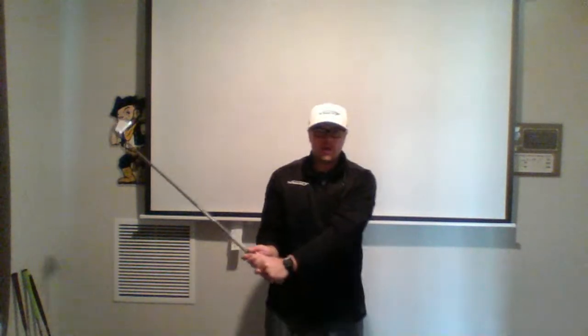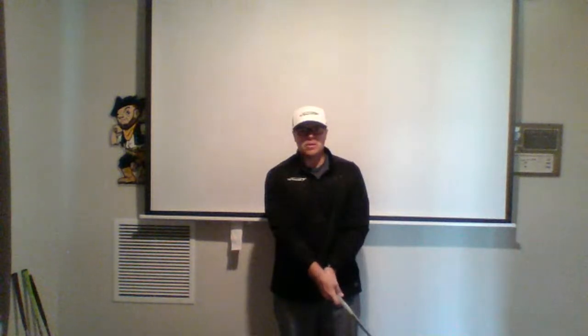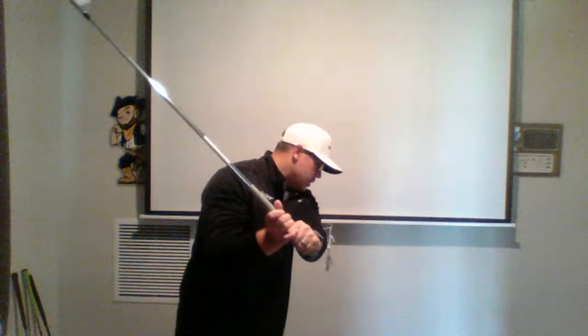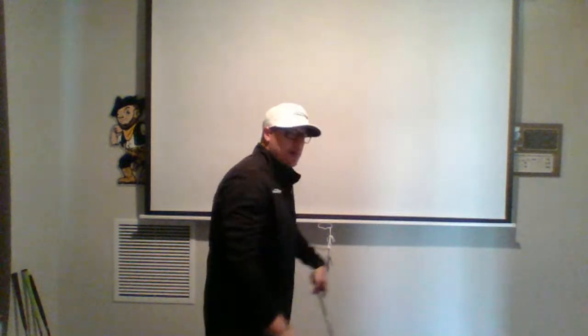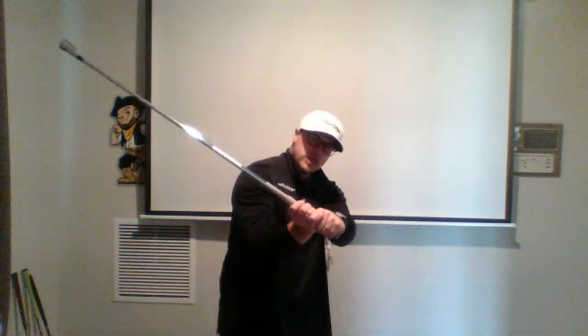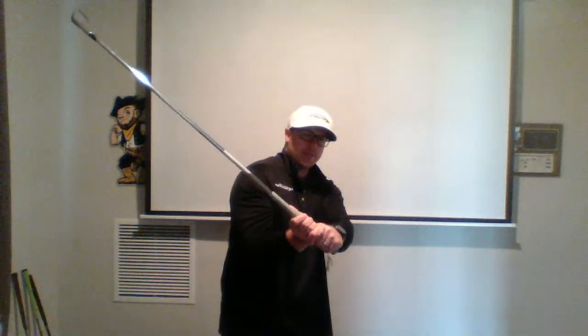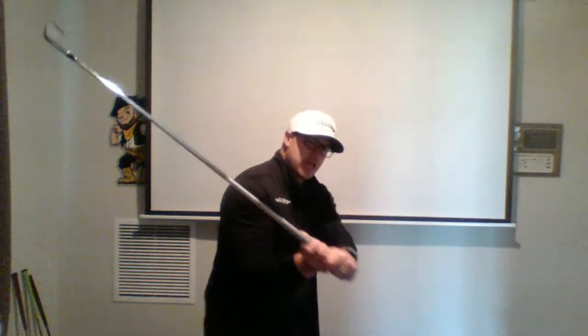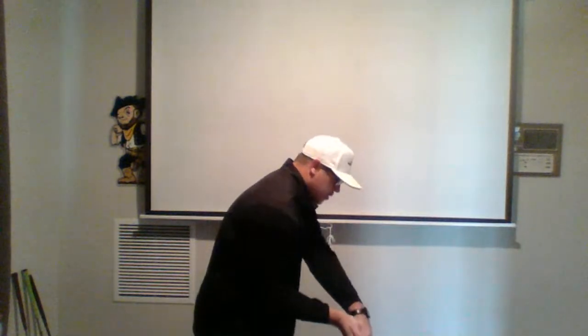When I stand up, I have to flip the club to get to the golf ball, otherwise I'll miss it, right? Or I'll stay in my posture, but then I'll come way over the top to get to the golf ball. A lot of people do that as well, and that's going to be hard to be consistent too. So we have to get this club shallowing out so that I don't have to make a compensation in the downswing. I can just stay in my posture and rotate through contact.